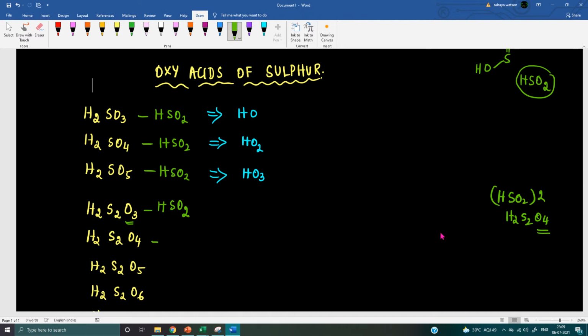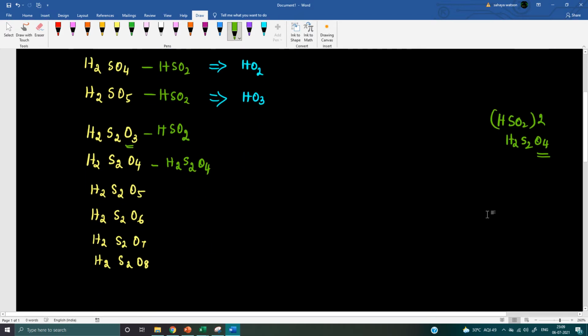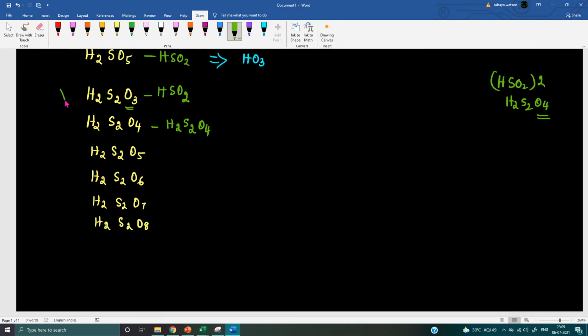In this case here you can use H2S2O4, because here the oxygen atom is the same, it is not less than the oxygen described here. It is equal, so you can subtract with H2S2O4, the remaining all with H2S2O4. You must be very careful here: subtract only HSO2, not H2S2O4, because of lack of oxygen.